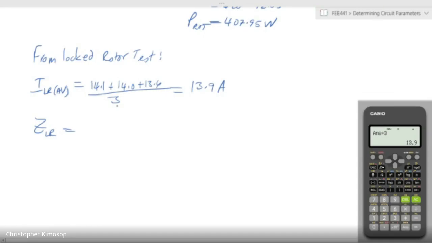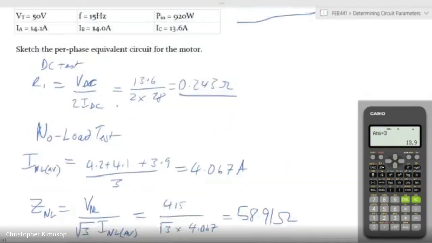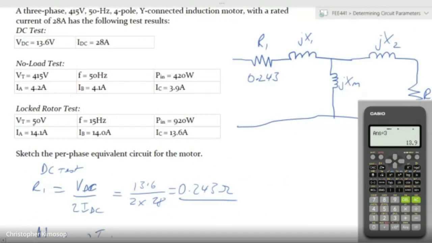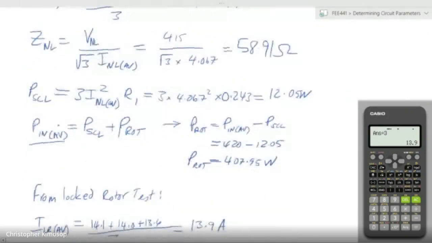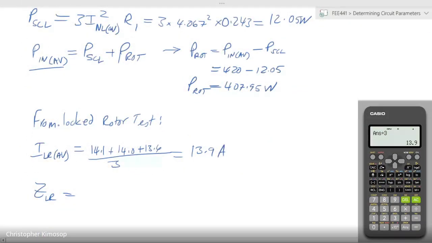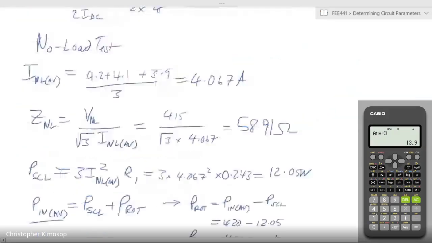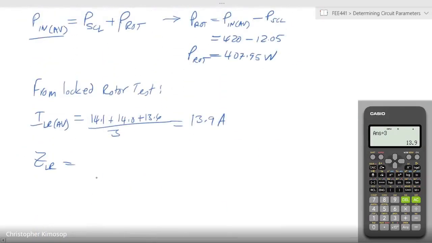Okay. So what is our impedance during locked rotor? It is our voltage, which is 50. Again, this is a line voltage, so you'll divide it by √3.